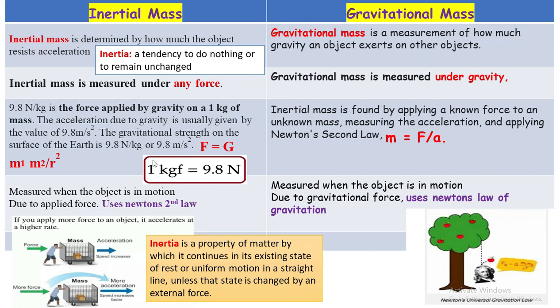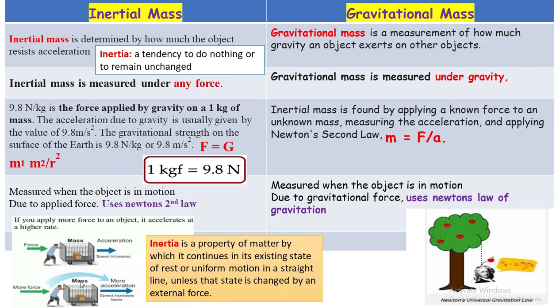When measured with the object in motion due to the applied force, if you apply more force on an object, it accelerates at a higher rate. So inertia is a property of matter by which it continues in its existing state of rest or uniform motion in a straight line unless the state is changed by an external force. I think this is very clear.